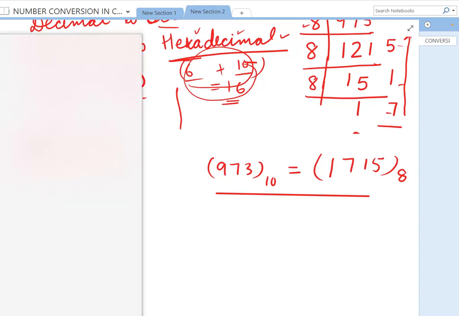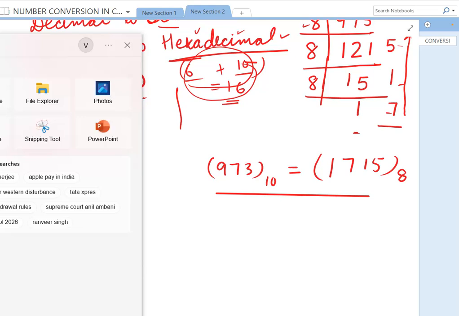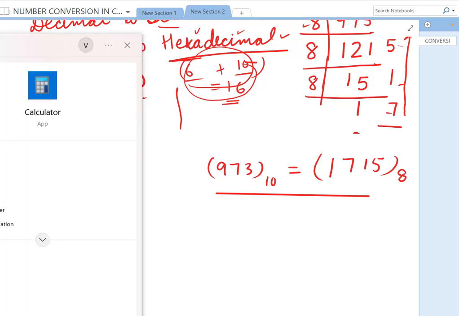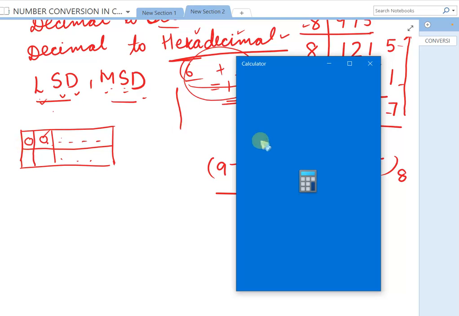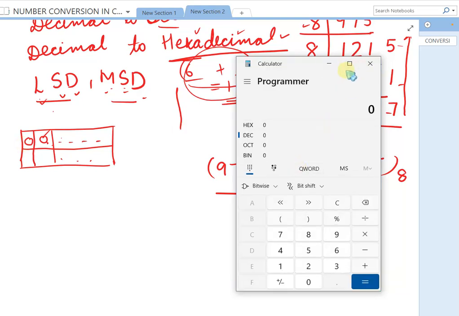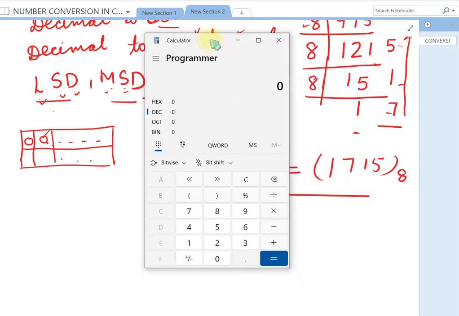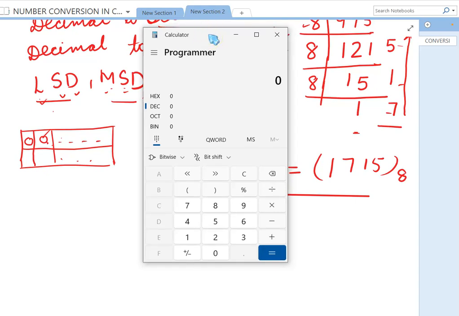Most of the time I present the computer calculator, I find it quite easy. Just give me 1 second. In the meantime you can keep revising, and if you are using a system, you can also open the calculator, like I use this computer calculator. It is my best way to understand and to show the real example.